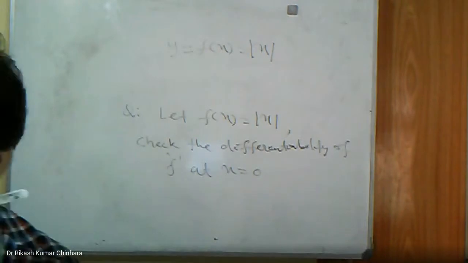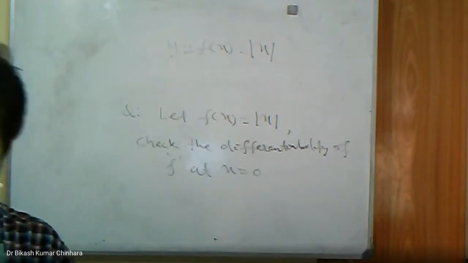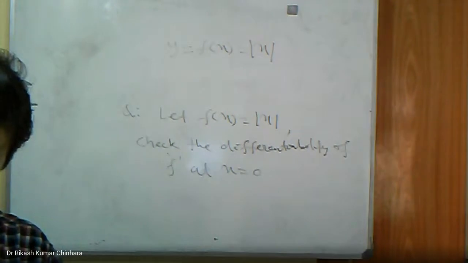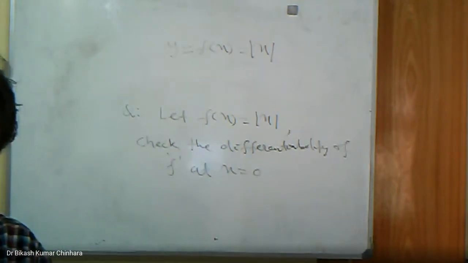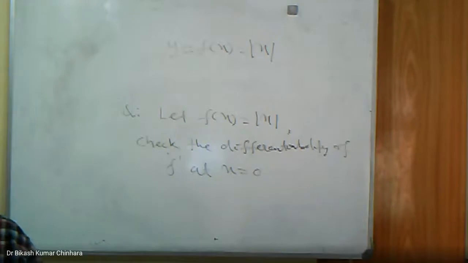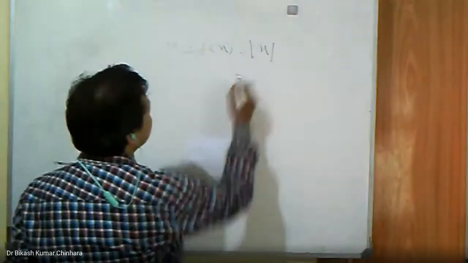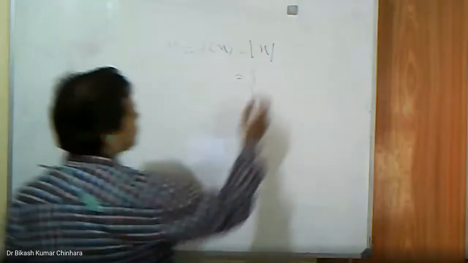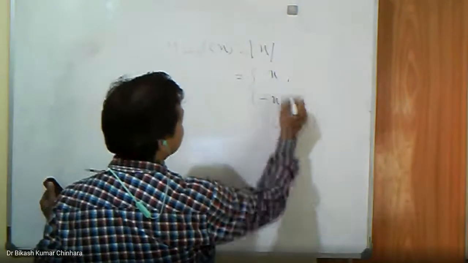Have you completed? What type of image are you getting? Yes, sir. What type of image are you getting? Whether you are getting a pointed shape at x is equal to 0.